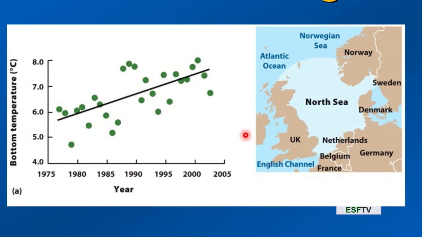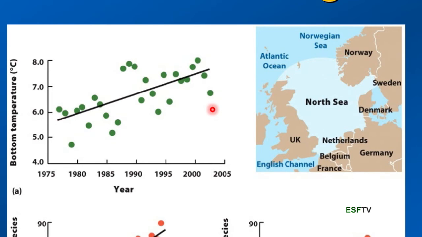What they found is that in the North Sea, because of global warming, the temperatures at the bottom have been going up since 1975. You can see the data points and the spread of the data and the regression line here up to about, I think the last data point was probably somewhere around 2003. So the temperatures are going up, but it turns out the fish communities are responding.